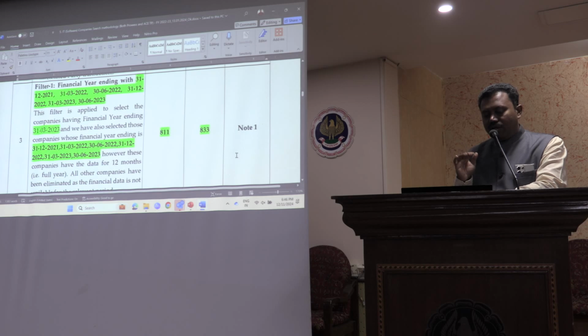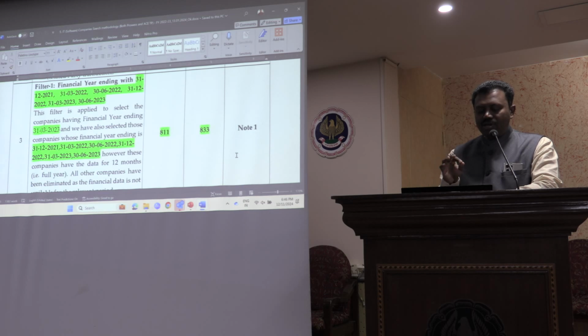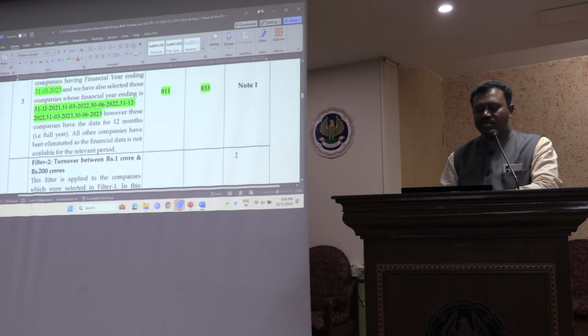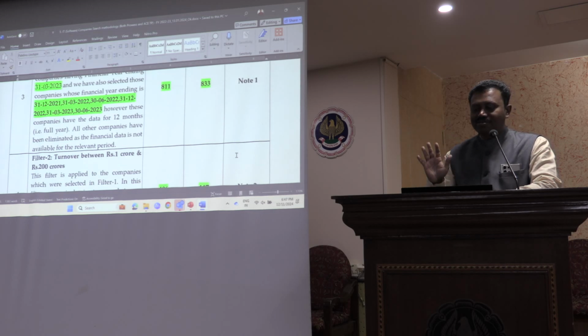Filter 1: financial year ending 31st December 21, March 22, all that. This filter is applied to select companies having financial year ending 31st March 23, and we have also selected those companies whose financial year ending is on these dates. However, these companies have the data for 12 months, a full year. All other companies have been eliminated as the financial data is not available for the relevant period.